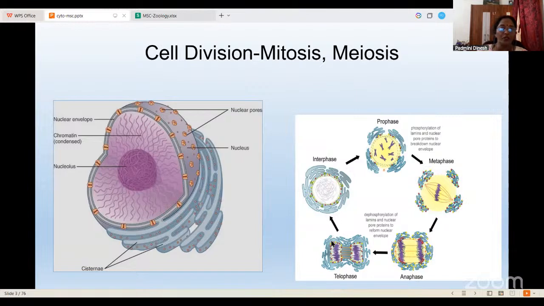Before talking about cell division, we have to understand what the nucleus is made up of. The nucleus has nuclear pores. These are the pores from where the transcribed mRNA comes out.